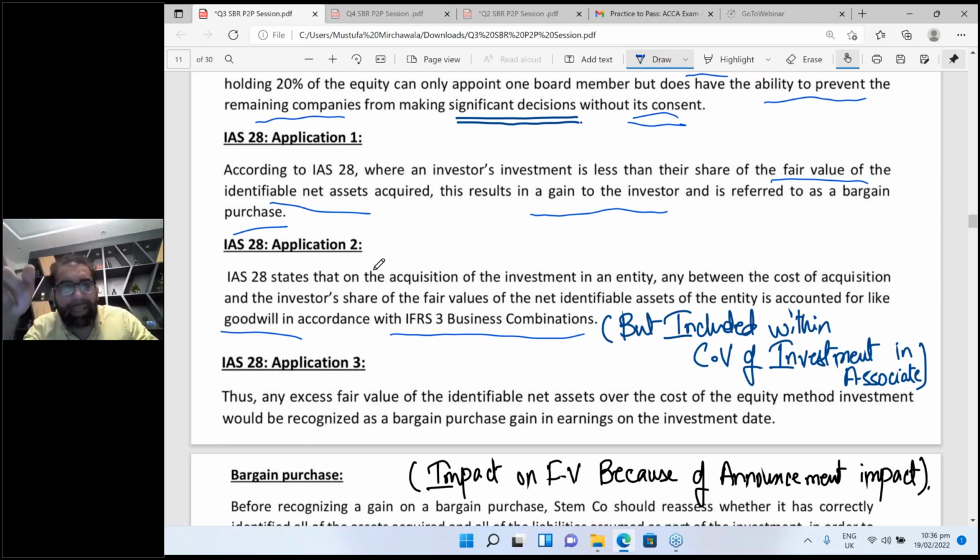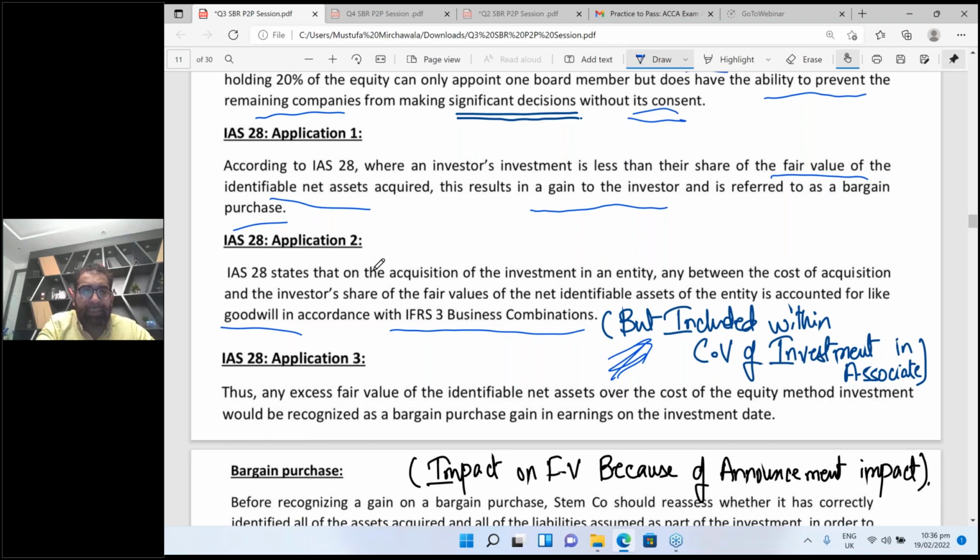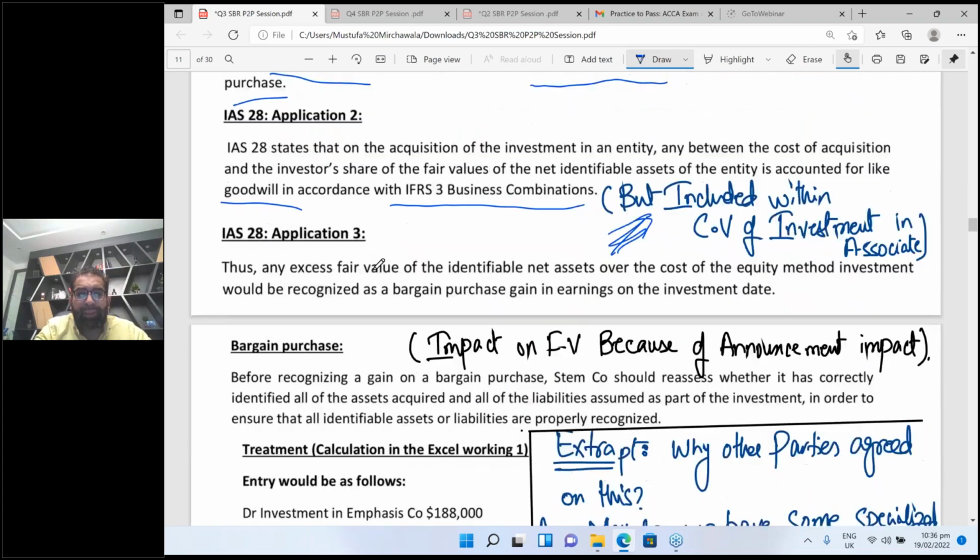I told you the same accounting, but see, one more thing I've written here just to remove confusion: goodwill is included within the carrying value of investment in associate. Remember, the treatment is the same. Positive or negative goodwill will be included in the carrying value of investment in associate. I showed you this through entries. Thus, any excess of fair value of the identifiable net assets over the cost of the equity would be recognized.